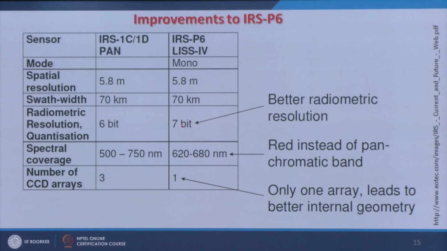So the radiometric resolution was better in case of LISS 4, which was on board IRS P6. The spectral coverage was positioned at different locations, and in case of PAN we had 3 arrays, whereas in LISS 4 only a single array of data, because by that time people realized that a single array would be more than sufficient.